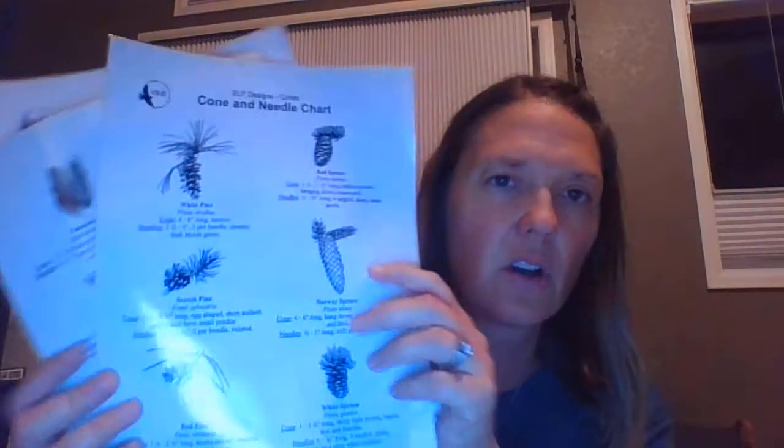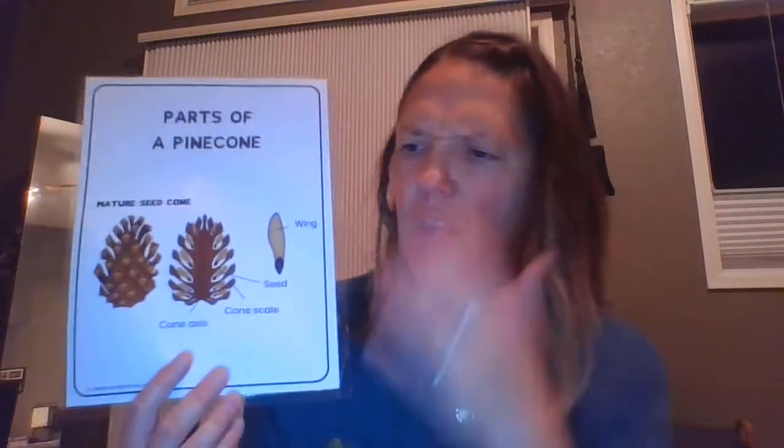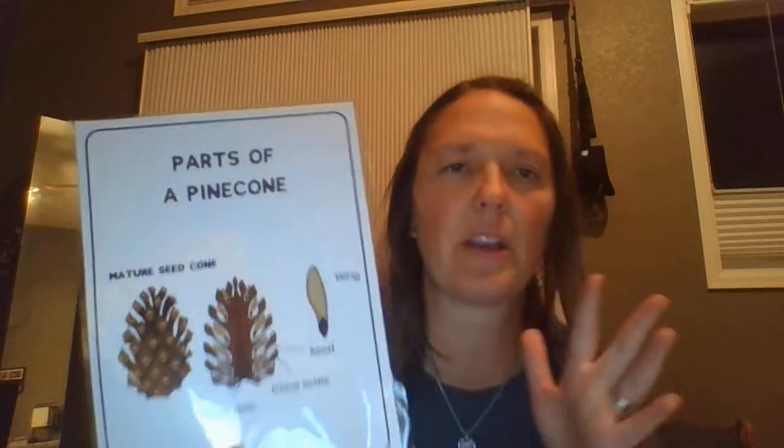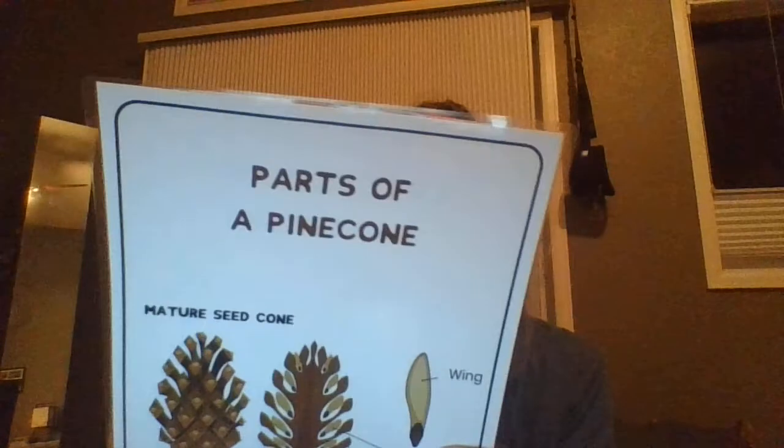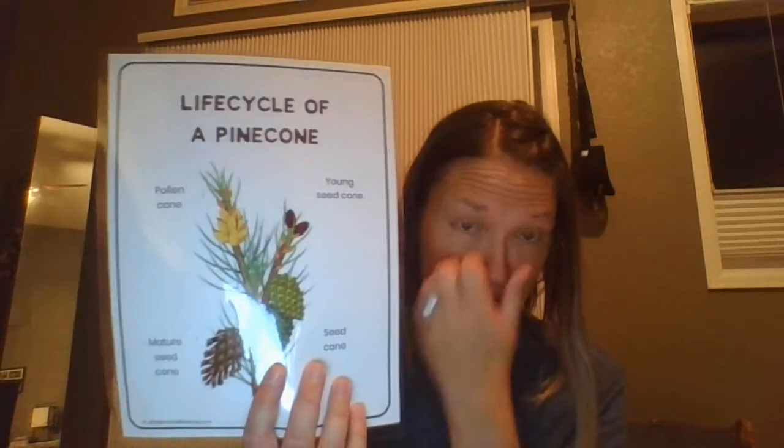There are other handouts in here, just some more information, cone and needles. Oh, I forgot about these. So we've got parts of a pine cone, which we covered maybe in the other session or other center, depending on which version you did. This is pretty cool, the life cycle of the pine cones.